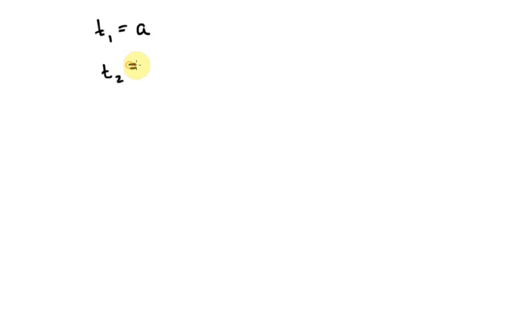Our second term, we would take A and multiply it by our common ratio. The common ratio is given the variable name R. That's what we multiply by to go from one term to the next. The third term would be the previous term, which is AR, times R again.